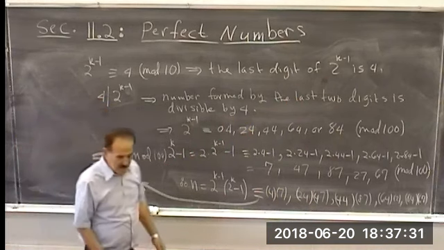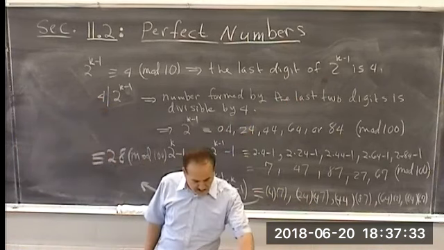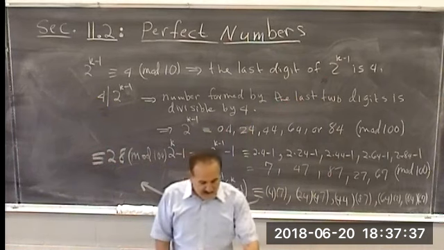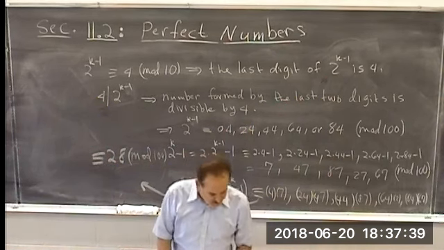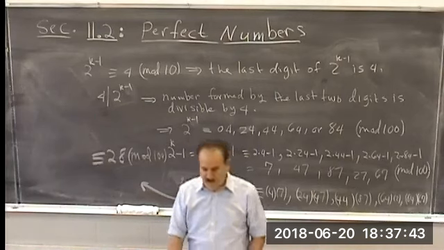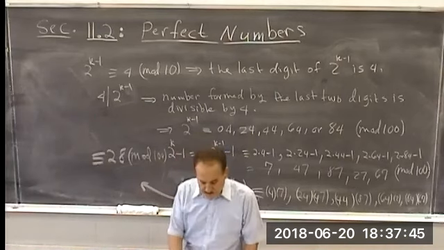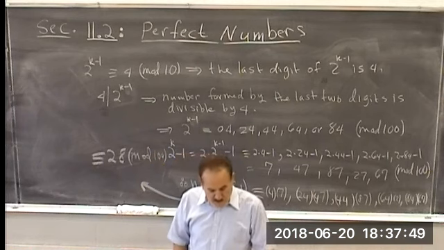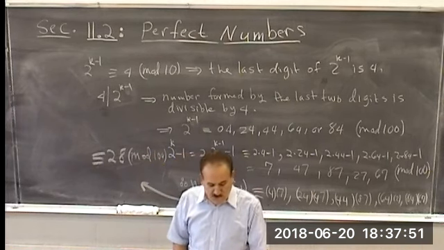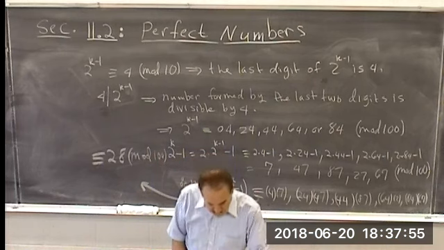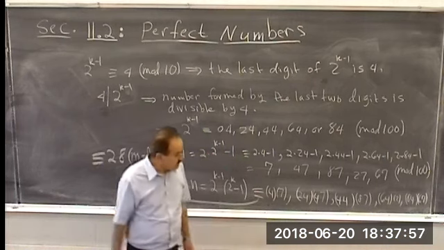All right, and this is it for this lecture. I'm going to do another section from chapter 11, and that is Mersenne primes, because they are related to perfect numbers. And then I'm going to be doing one section from chapter 12, that is the Pythagorean triples, or Pythagorean numbers.